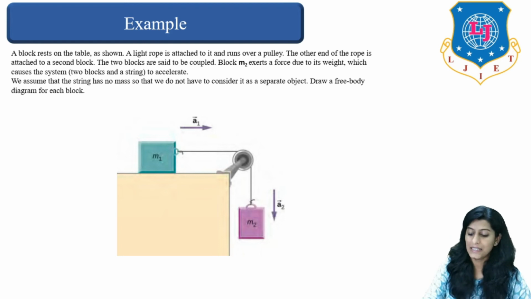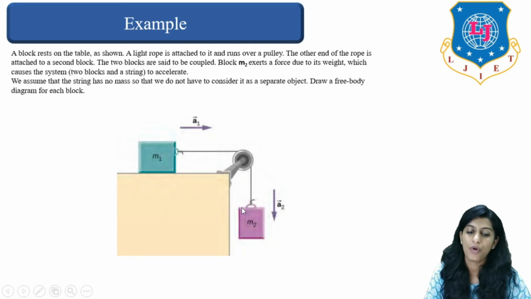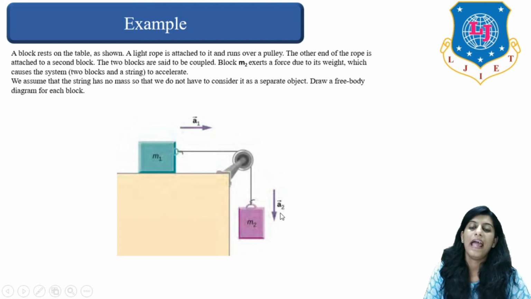So let us see. First understand there is one block M1 which is kept at rest. There is one block M2 which hangs over the pulley and is attached to the other end of this particular mass, right? M2 will exert force due to its mass, and the entire system will accelerate in proportion to the forces, right?